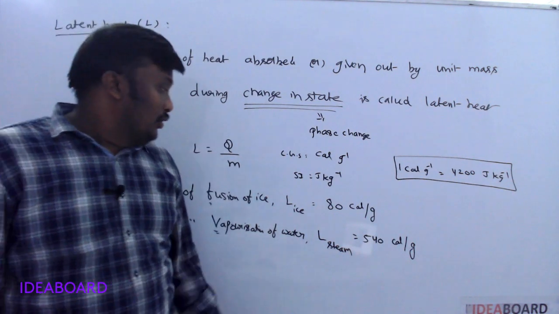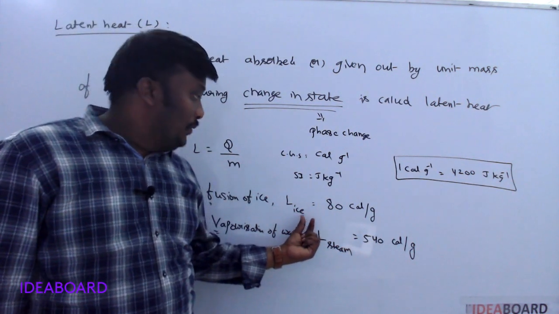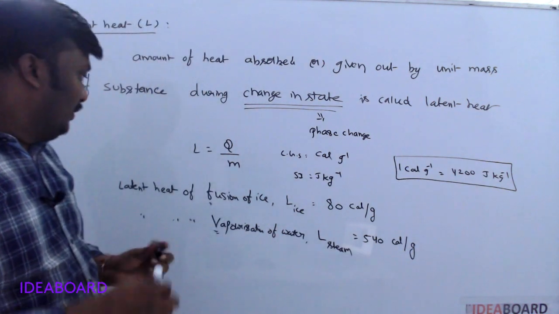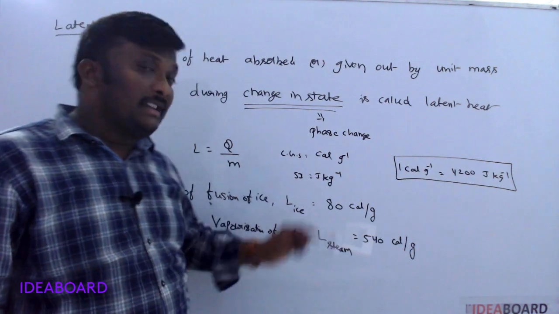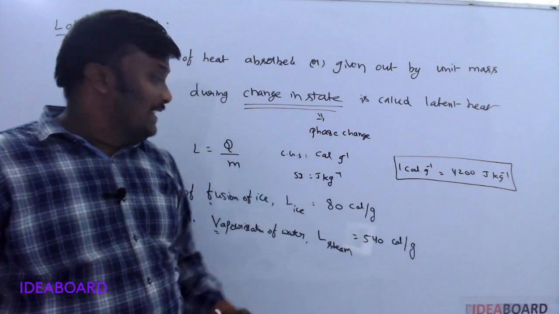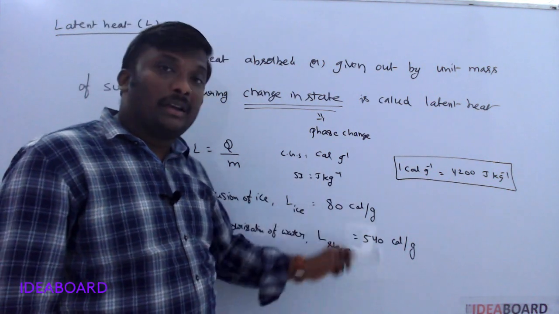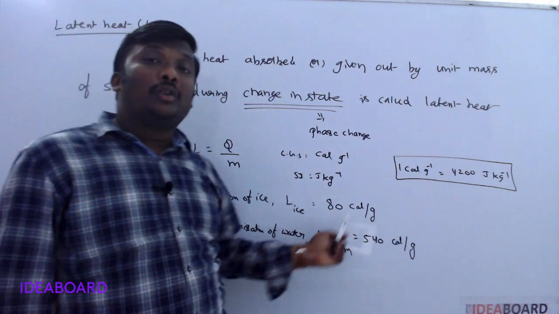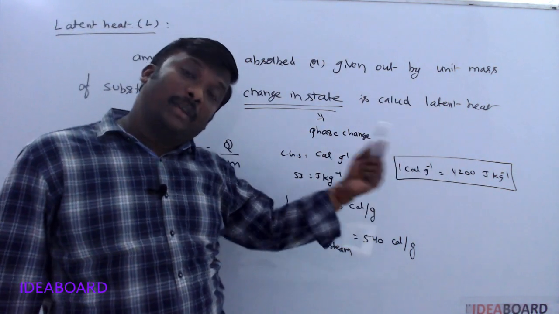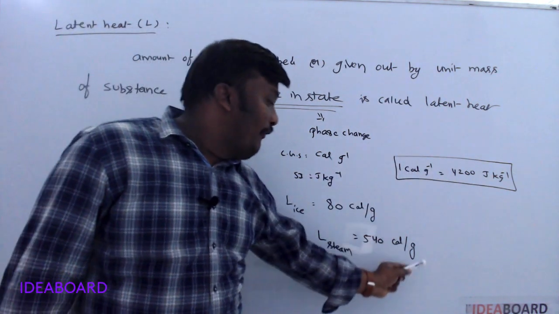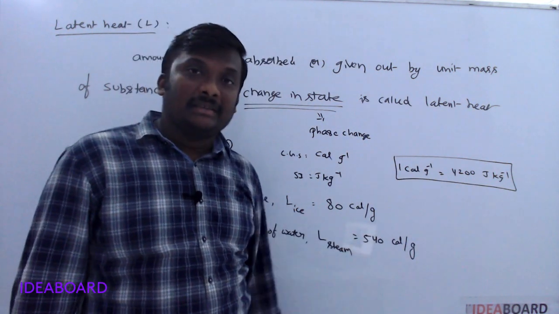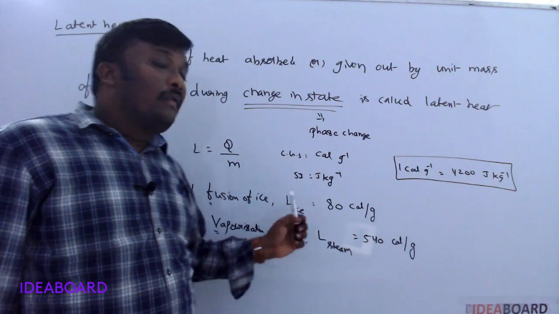So try to understand those values. To convert ice into water or water into ice, it requires just 80 calorie per gram. But to convert water into steam or steam into water, it requires 540 calorie per gram, which indicates the latent heat of steam.